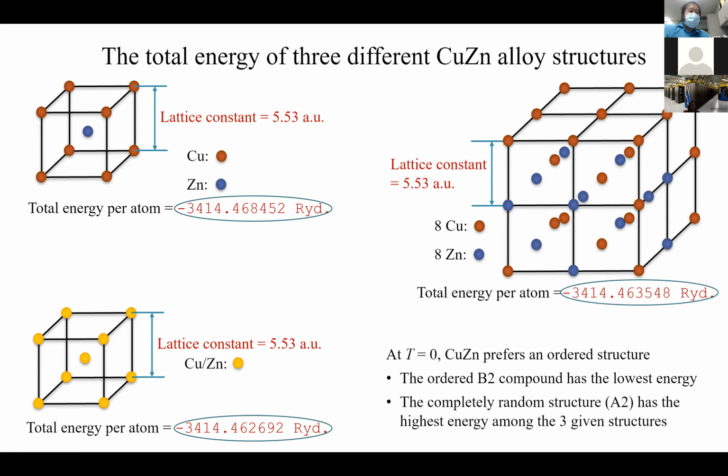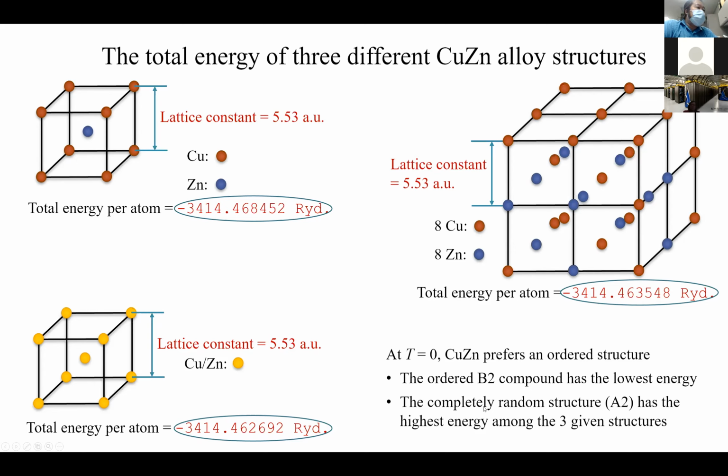They are very close to one another, isn't it? But there are some differences in the millirydberg, and it turns out the B2 structure has lower energy. Remember, this is a negative sign. So this has the lowest energy among all three different structures.